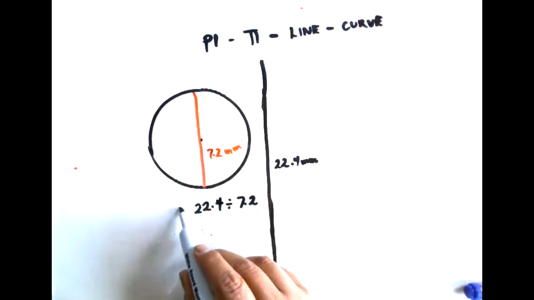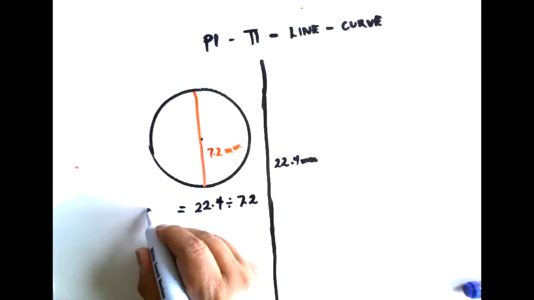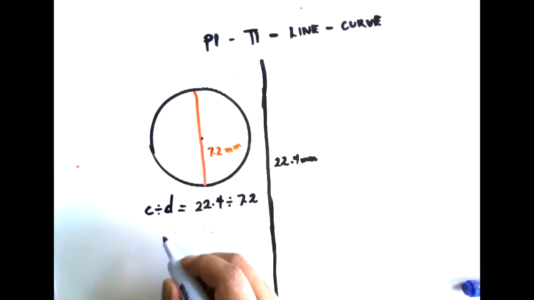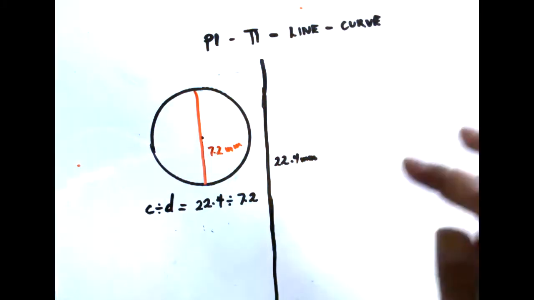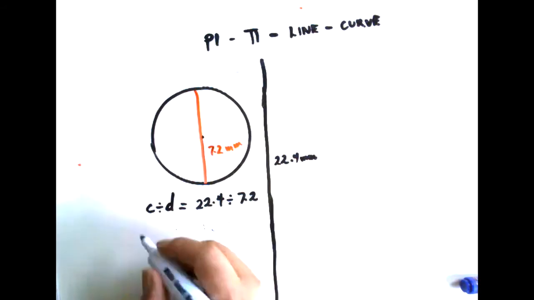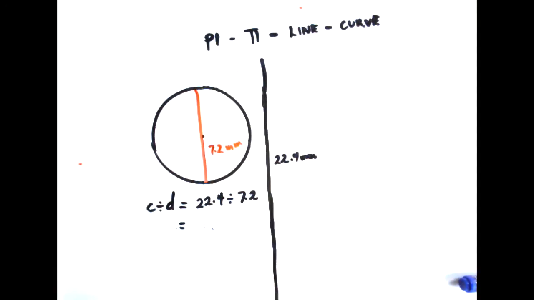So that's basically circumference divided by diameter. Always something. And so, what was our answer to this?